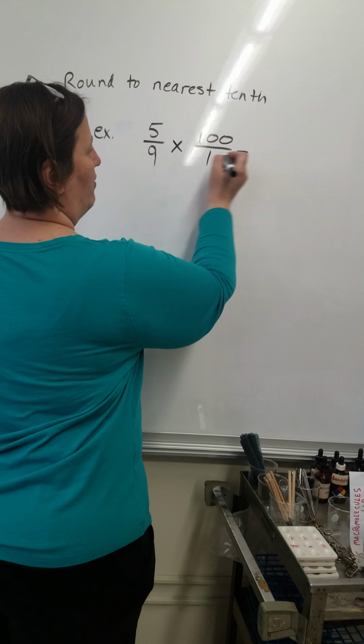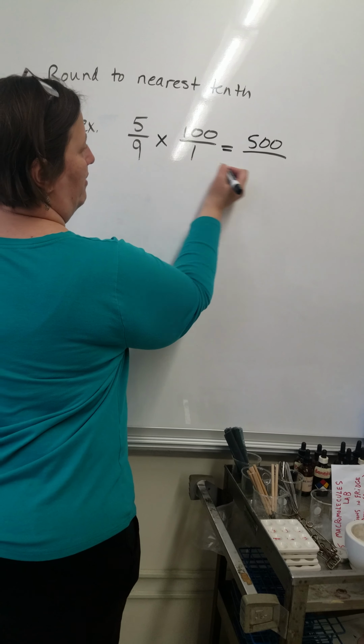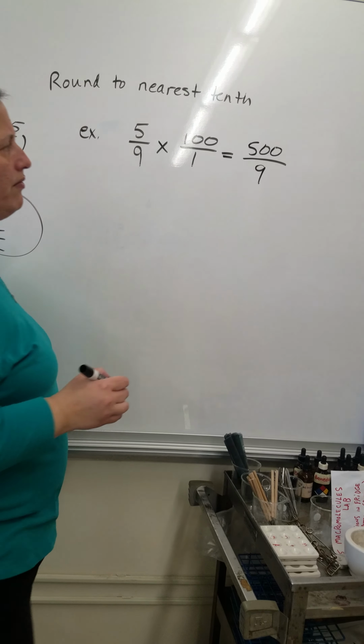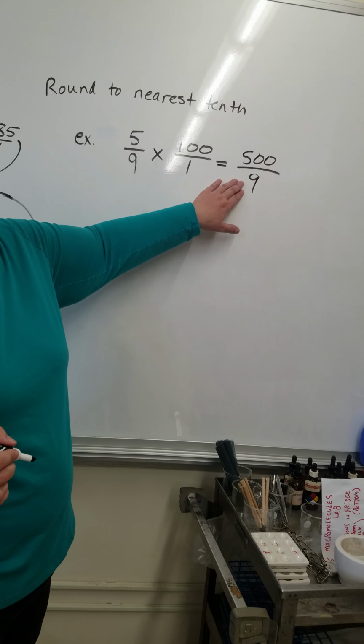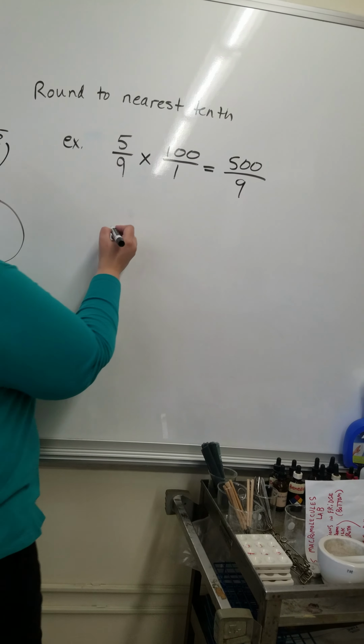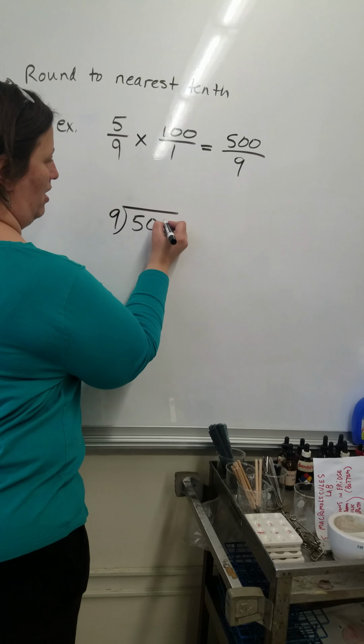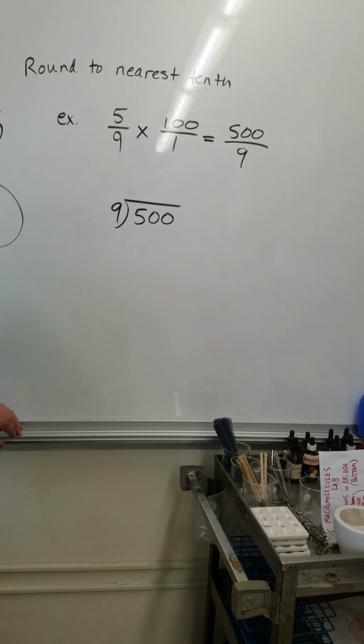So what does that mean we get? 5 times 100 is 500, and 9 times 1 is 9. I think you all remember that this is called improper, and the way to fix something that's improper is we divide. Okay, so let's see.